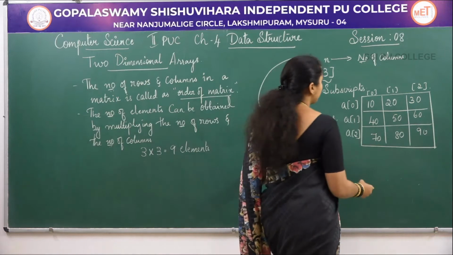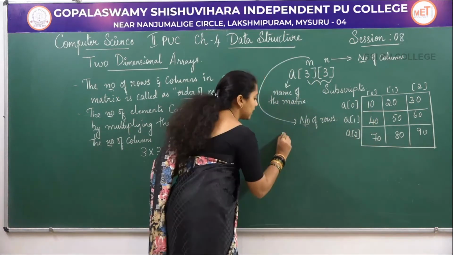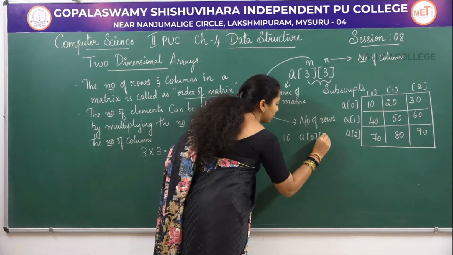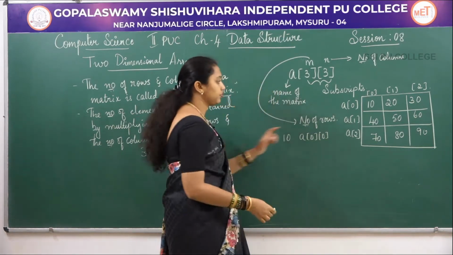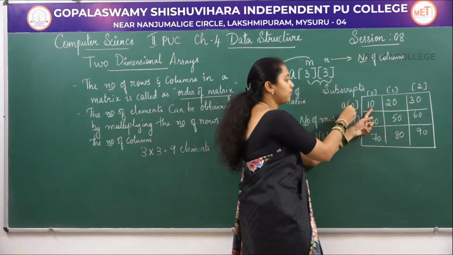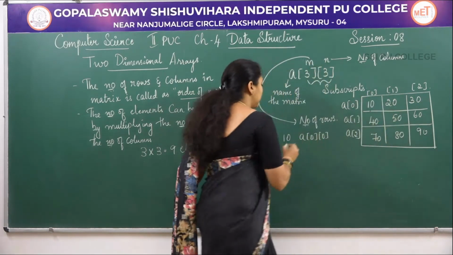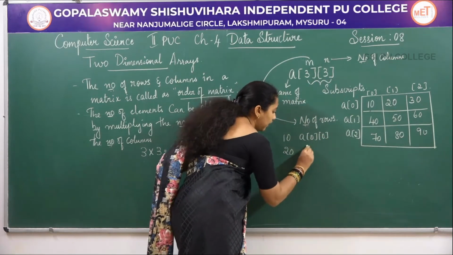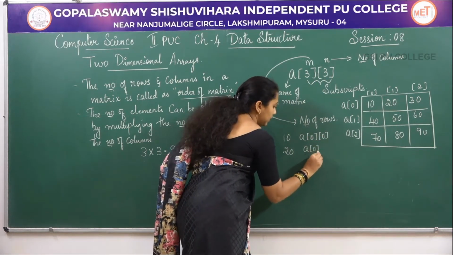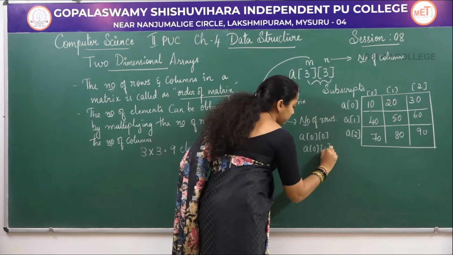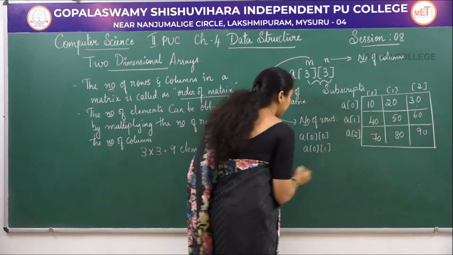Now, what are the positions of the elements? The position of 10 is A of 0, 0. What about 20? A of 0, 1. What about 30?